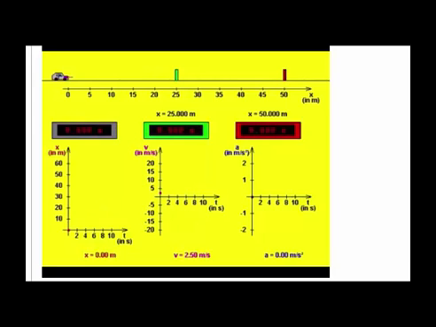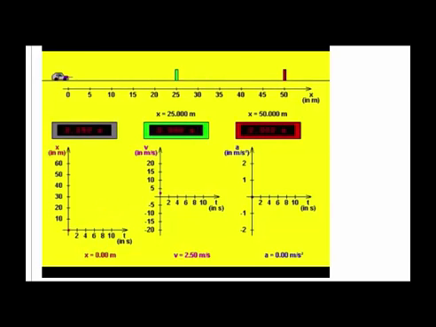Let's reset it and go for the fifth trial. Alright, measure your values now. Reset it. Let's go for the sixth trial. Alright, take your measurements now.